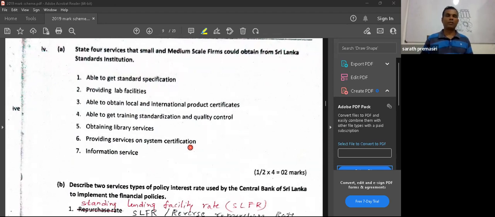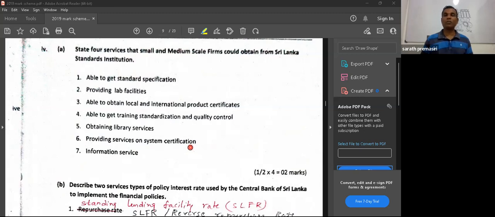Right. Now look at the B part of that question. Can you remember we have discussed some policy interest rates of the Central Bank of Sri Lanka.